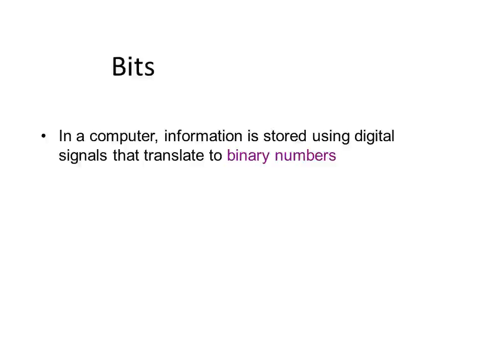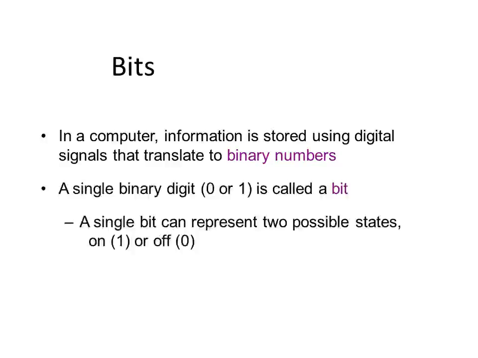Binary numbers have a number of bits. A single unit of a binary number is called a bit. A single binary digit is known as a bit. It may be 1 or 0. 1 stands for on and 0 stands for off.